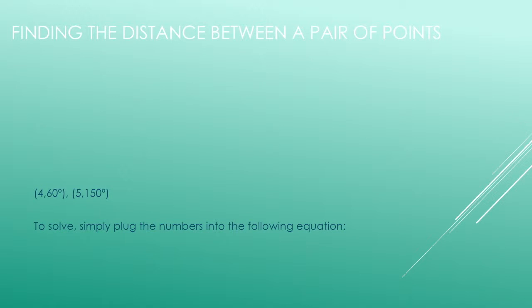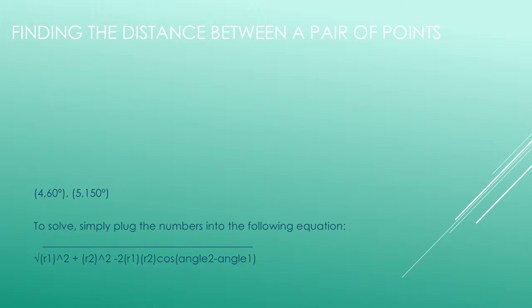Basically, we plug the numbers into the equation, and then we're done. So, what is the equation? If it will load, we will see that the equation is the square root of r1 squared plus r2 squared minus 2 times r1 times r2 times the cosine of angle 2 minus angle 1.